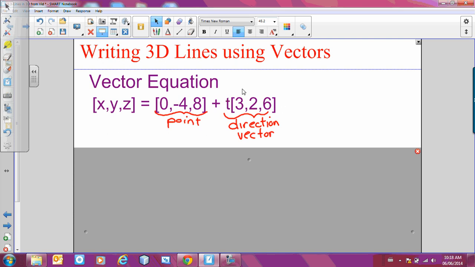Any multiple of this vector, and that's what the t means, any multiple of this vector gives me a direction vector as well. So in the same way that this could be 2 times this, I could have 8 times this or anything else. And so all those numbers could be different as long as they're a multiple of what we already started with.